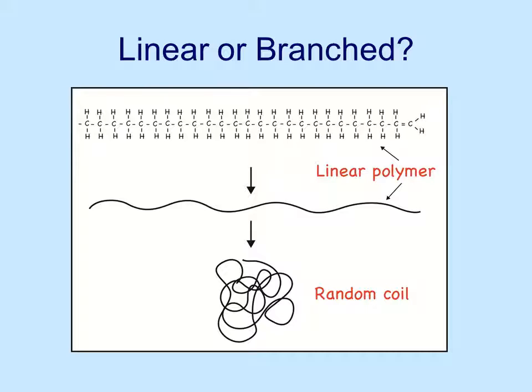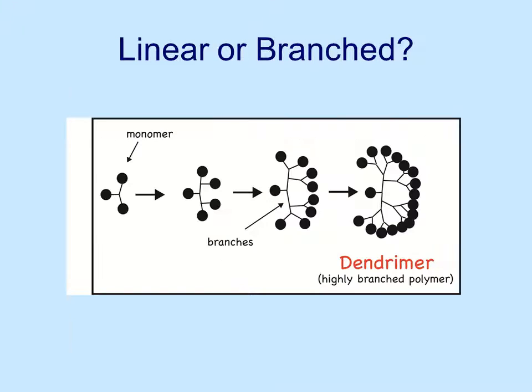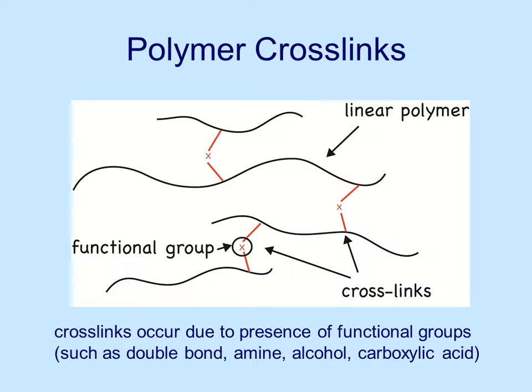Is the polymer linear or branched? A linear polymer, if we synthesize it like this, will be strung out or just coil up as a random coil. A branched polymer is where the monomers react at different places in the molecule and build up these complex branches and chains, and the behavior of these polymers is quite different.